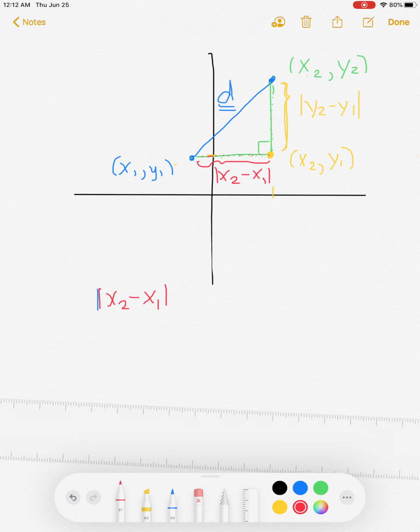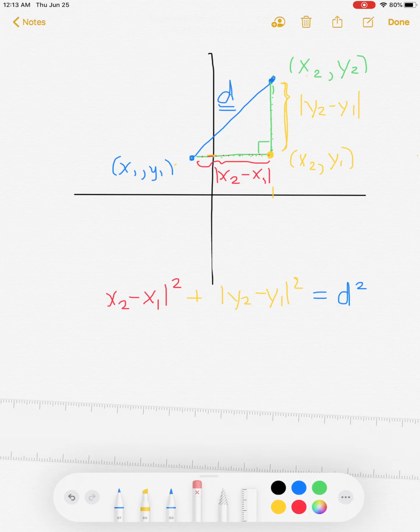So this is the length of a squared plus b squared equals the hypotenuse squared. That is simply the Pythagorean theorem. A squared plus b squared equals c squared.